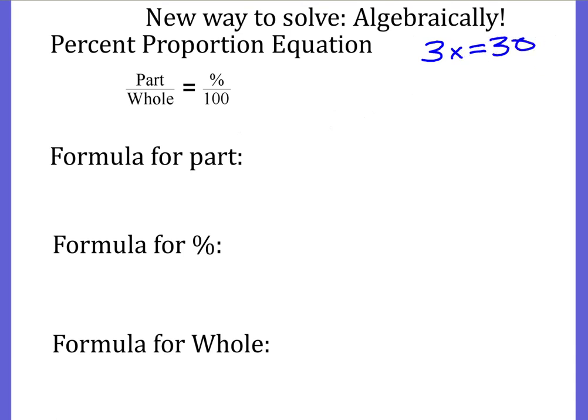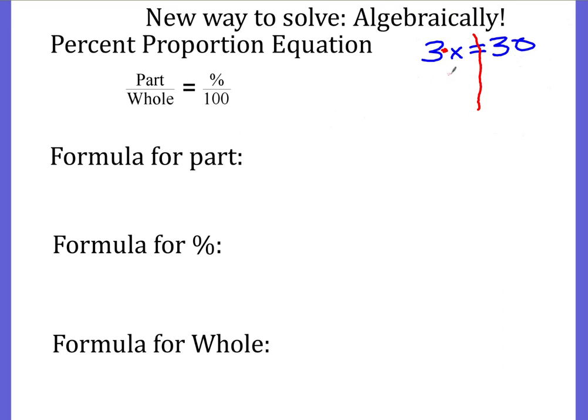I'm going to make this more specific: we'll take the implied, make it explicit. This is really a 3 times x. And remember we had that method of solving algebraically where we undo the steps that are happening to x. So here, 3 times x equals 30. Another way of saying that is 3 times some unknown number is equal to 30. Well, you could reason it out logically and say that number must be 10.